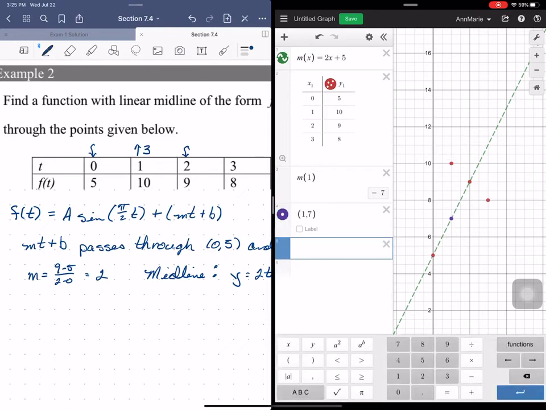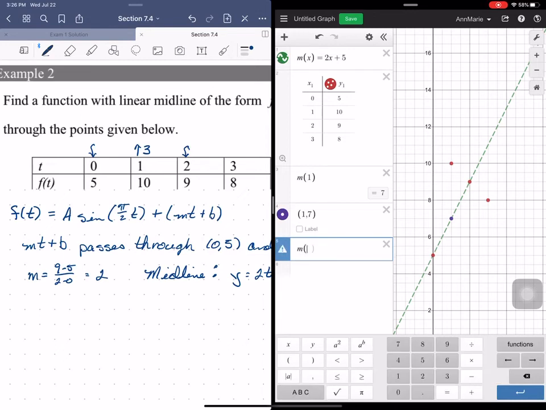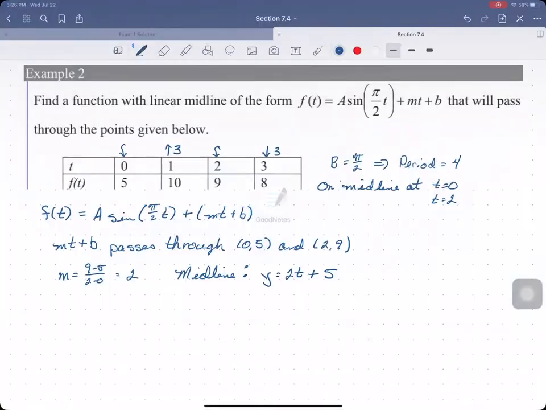Let's see what happens when I'm at the next point that I know. So what is my midline value when t is 3? That's 11, which means that the point 3, 11 is on my midline, but my function is down here at 8, which means that at that x, my function is 3 units below my midline, which means my amplitude is 3.